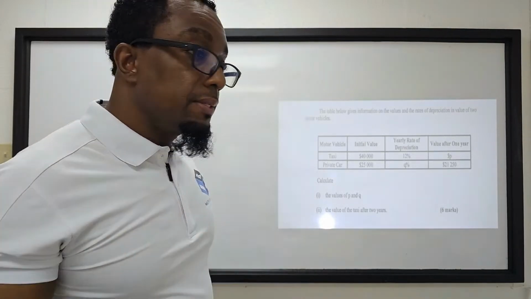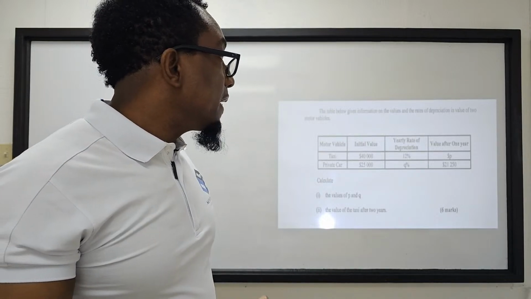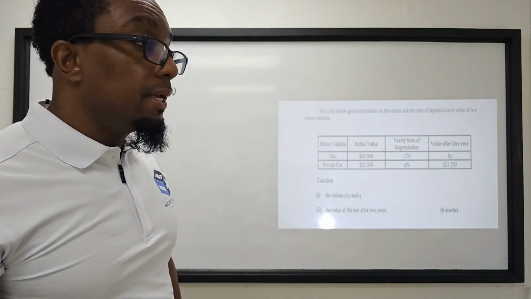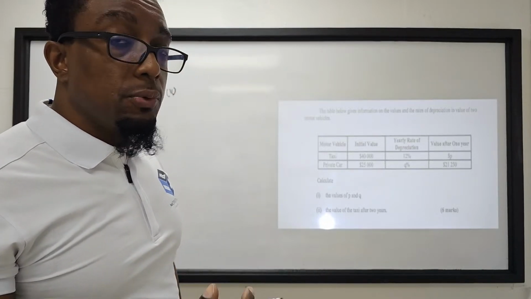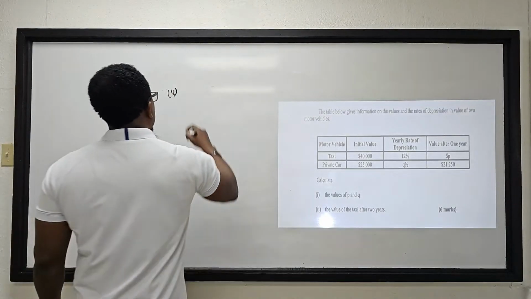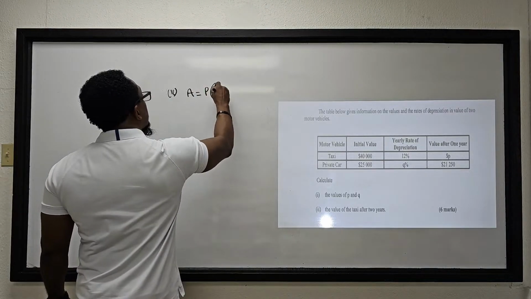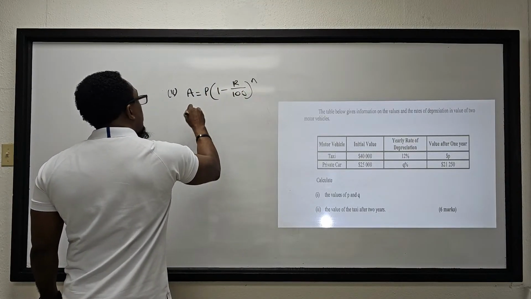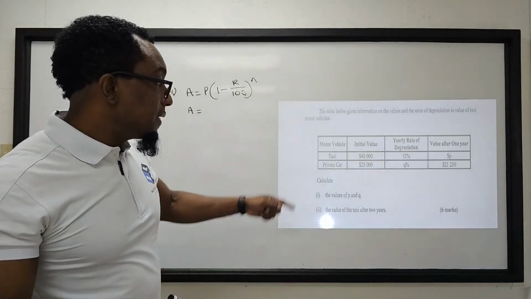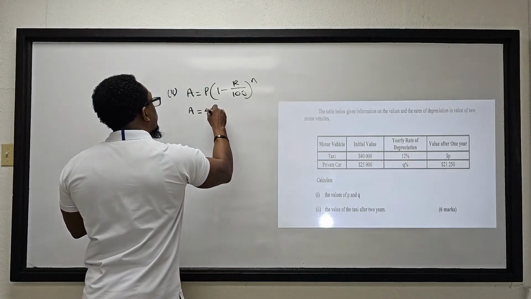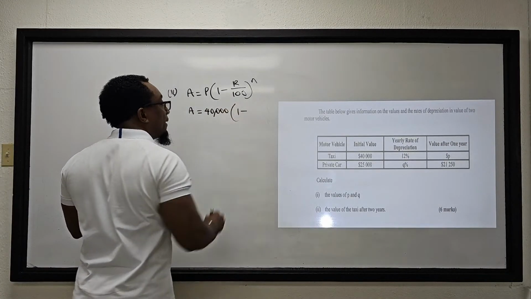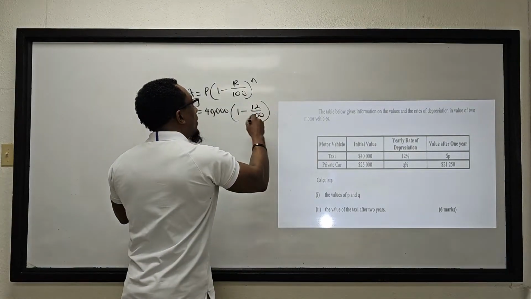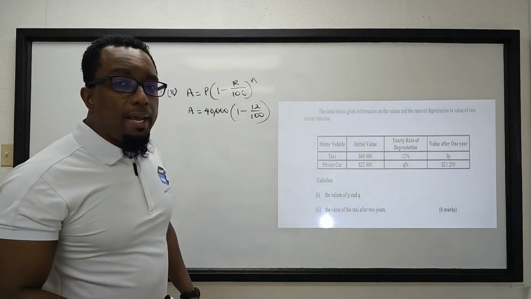After 2 years, what will be the value of the taxi? Obviously, it's going to depreciate, and let's determine the amount it depreciated to, which is known as your book value. So A is equal to P into 1 minus R over 100 raised to N. P, we know in this case is a taxi, which is 40,000. 1 minus R will be the rate 12 all over 100 raised to N, which is 2 years.